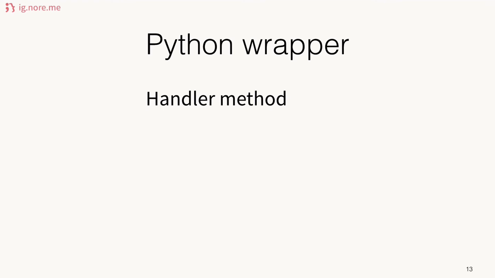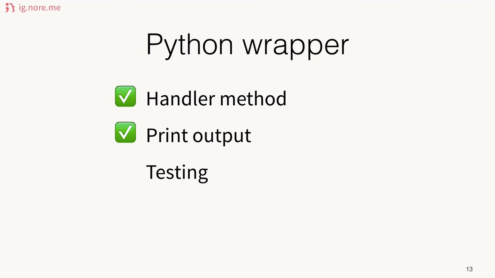First, it turned out that instead of using the default Go way of doing things, where your code goes from the main function, you needed to create a handler method or a handler function. And secondly, you had to print the output instead of passing it along to the Python wrapper, which is okay. I could handle these two things. Because of the wrapper, it made testing locally very hard, because it just didn't work the way it expected.